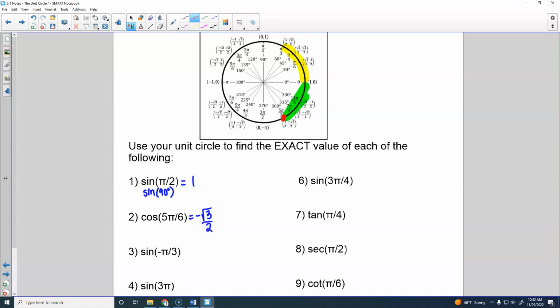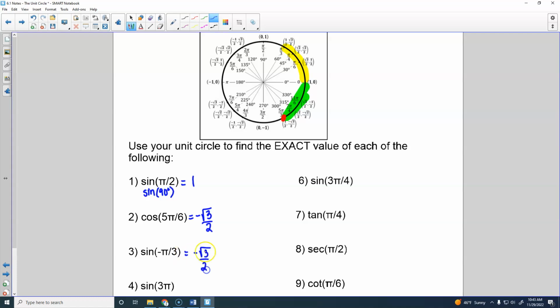If we're looking at this spot right here at 5 pi over 3, Leah, what would our sine value be there? Is it x coordinate or y coordinate? Sine is the y coordinate. What's your y coordinate at that spot? Very good. Negative square root of 3 over 2.